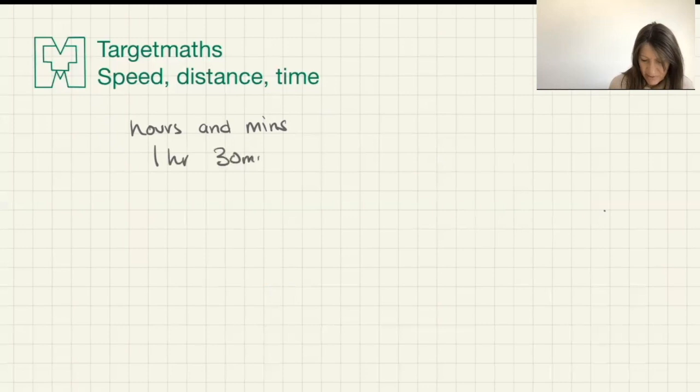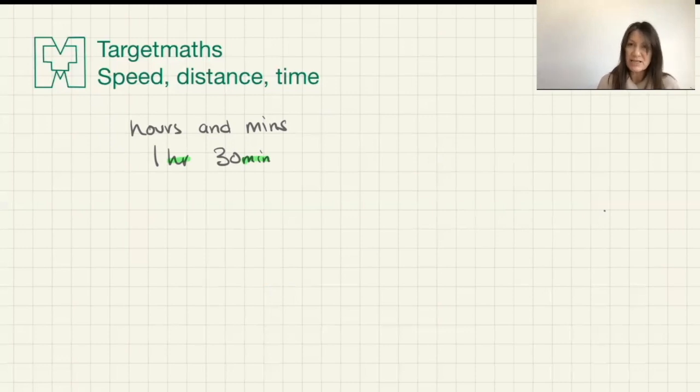What they've actually done is given me two completely different units. And I can't work in two different units. I can only work in one unit, which means I am going to have to either change the whole thing to minutes or change the whole thing to hours.